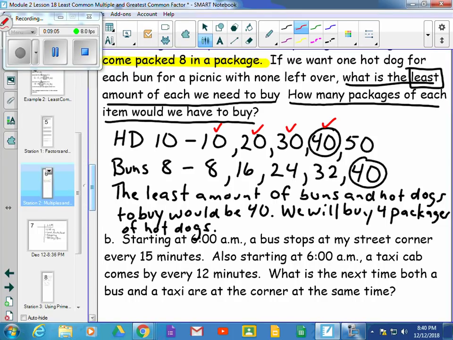And then if I look at the buns list, it takes 1, 2, 3, 4, 5 multiples to get the least common multiple. That means we will buy 5 packages of buns.